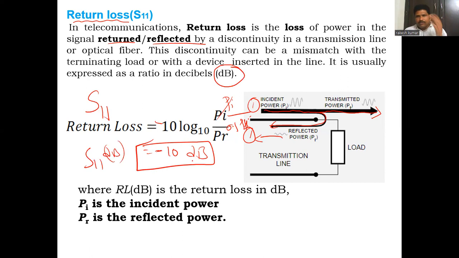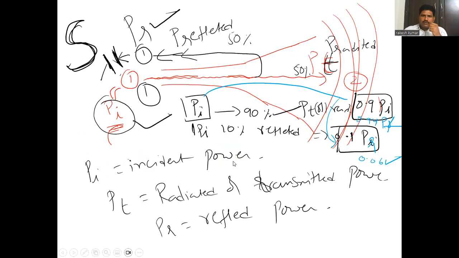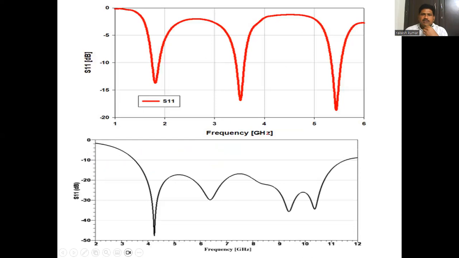Okay, you will understand what this is in the graph. So let us look at the graph. For example, let us see this graph. This graph is between frequency versus S11 in dB. S11 means nothing but return loss.